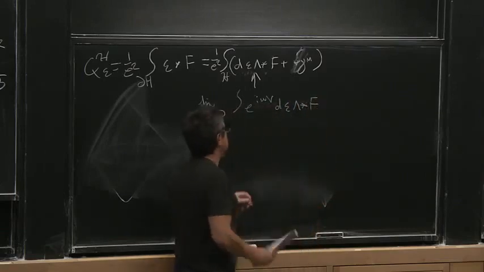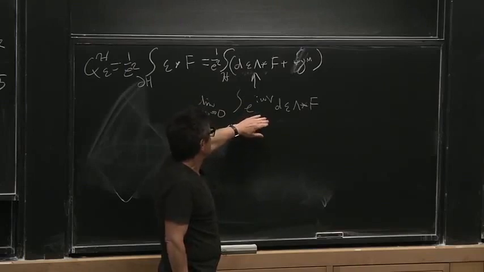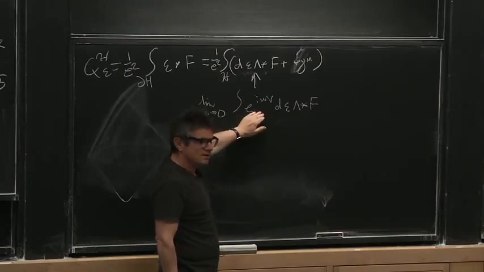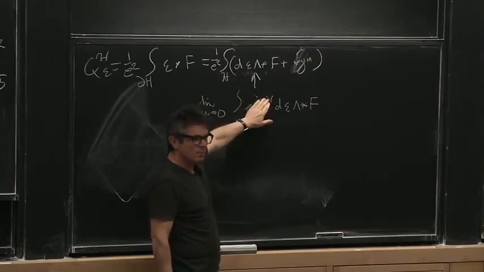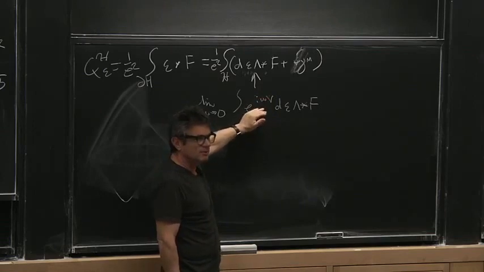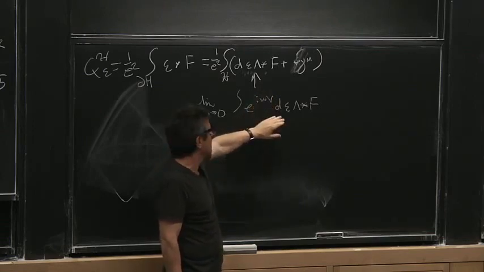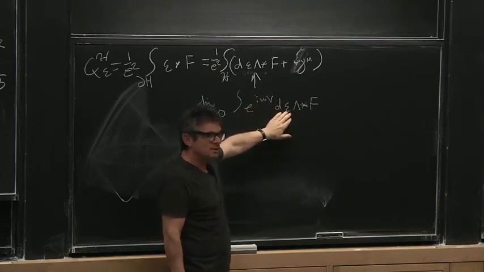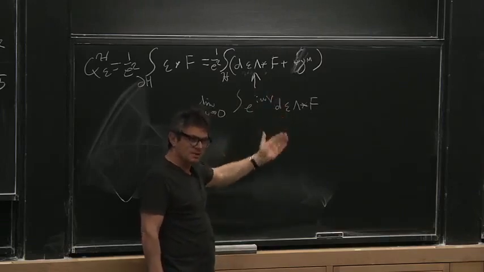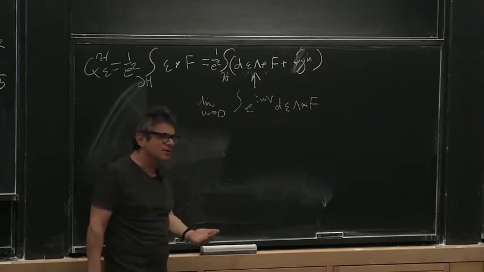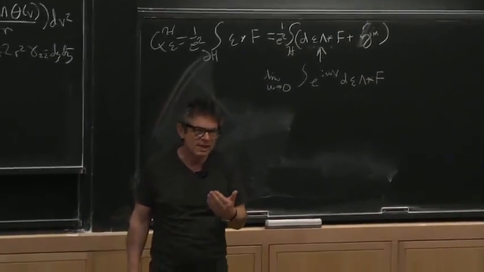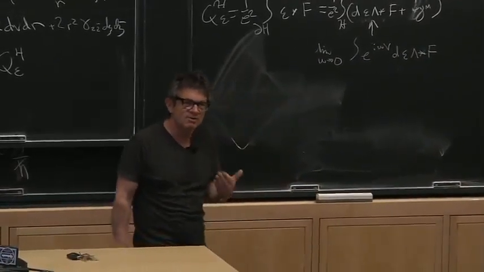And this would be the mode describing a graviton of frequency omega with polarization d epsilon. And since we're taking omega to 0, it's a soft graviton. So we can have soft gravitons on the horizon.